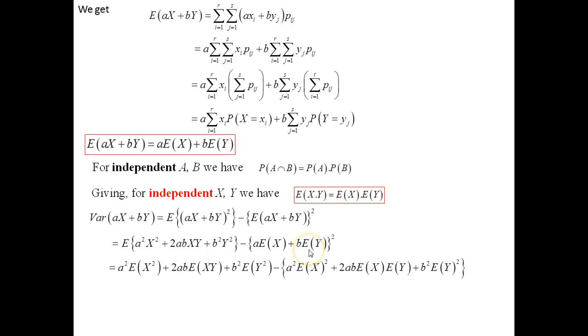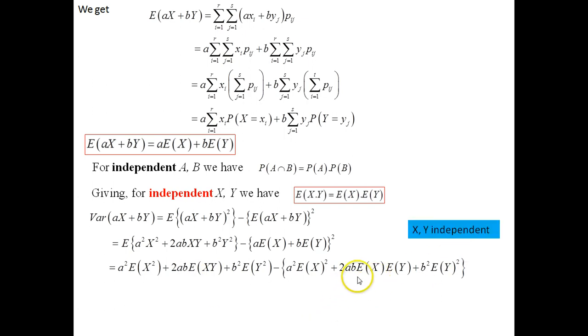Multiplying these out, we've taken the E in before squaring the bracket, then take the expectation in here and square that bracket, and we have the term E of x times y, which we know now, as they're independent, is equal to E(x) times E(y). Therefore that term there is going to cancel.